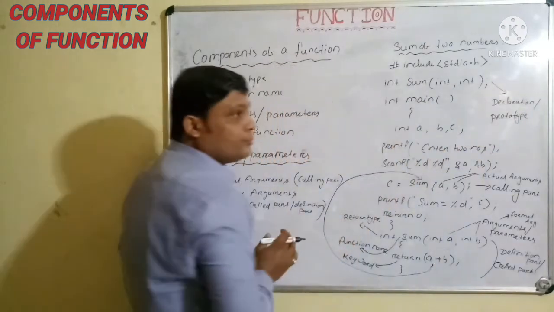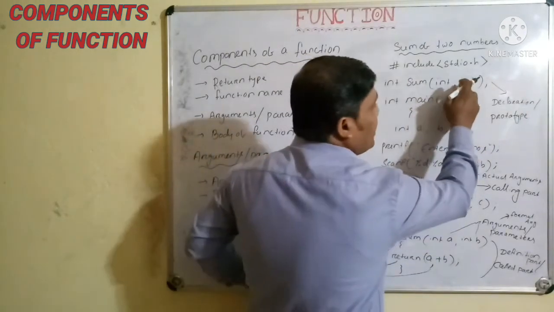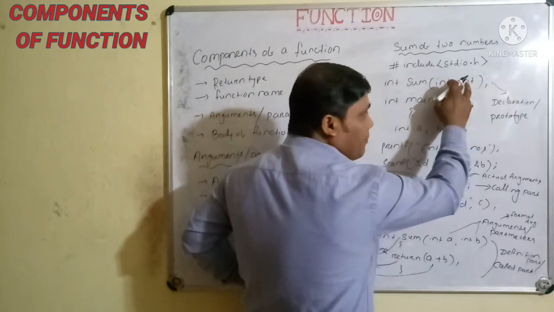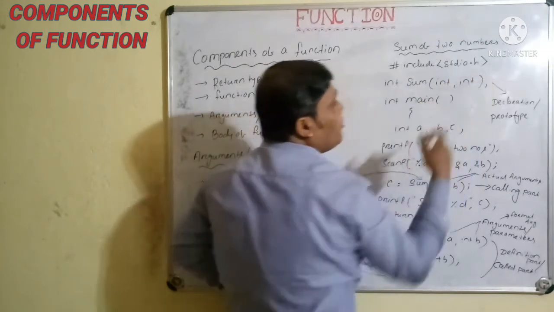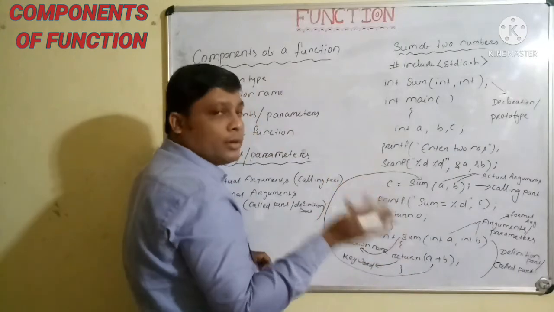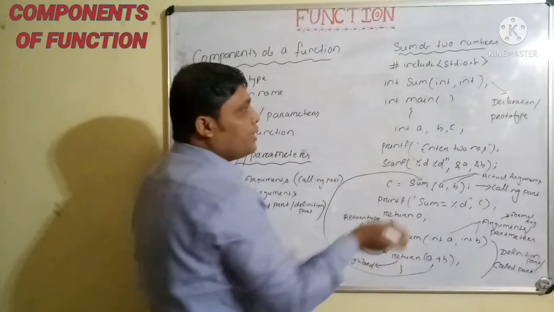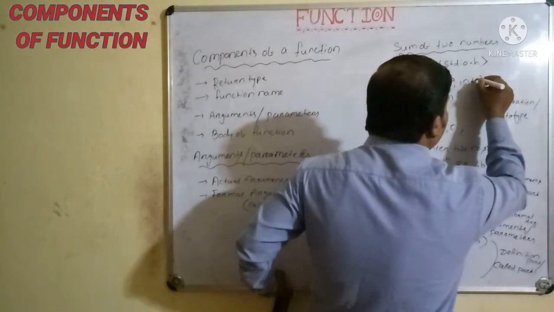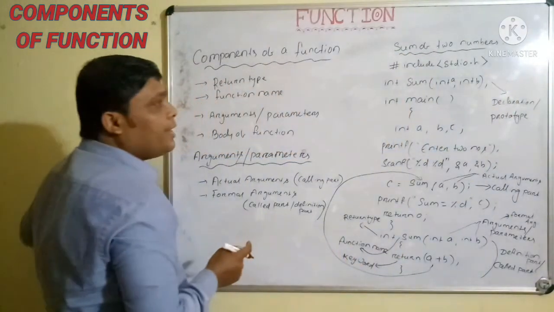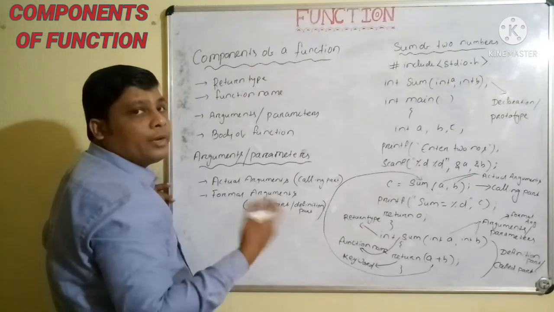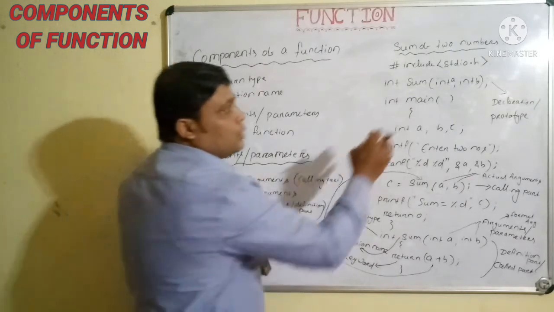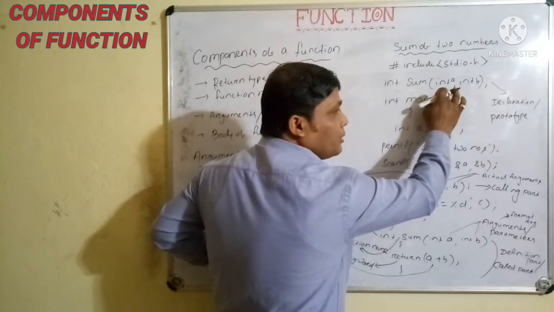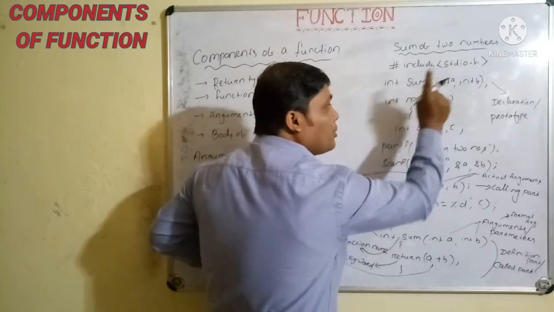Now see, this part is called the declaration or prototype part. Here you may or may not mention the argument name. You may write here A, B, or you may not. But the argument type or parameter type, the data type, is compulsory.